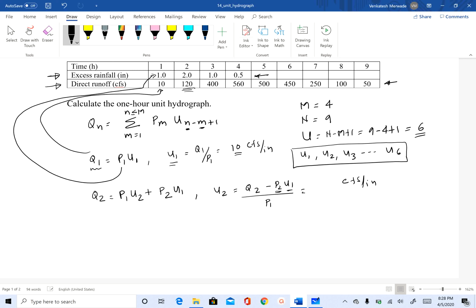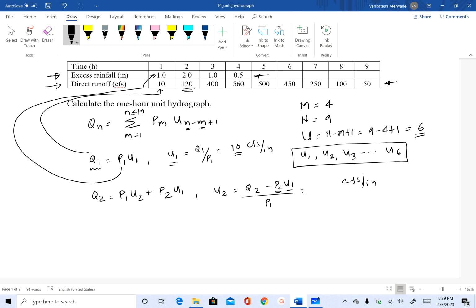You will see that for all the U values that I'm getting, I'm writing CFS per inch, and that's how you write ordinates for a unit hydrograph, because the values that we have are per unit of excess rainfall. In this case it's 1 inch. That's why I'm writing CFS per inch for all my unit hydrograph ordinates.